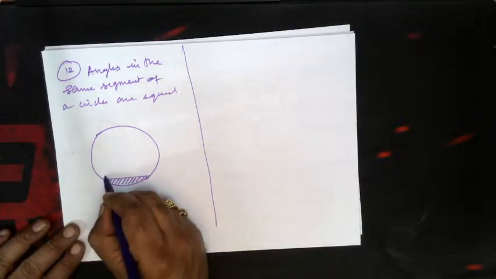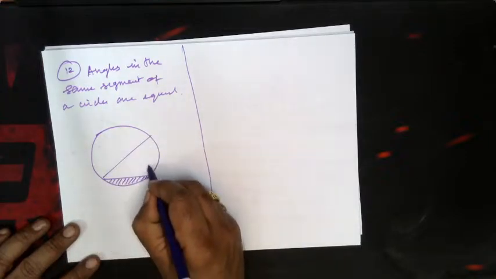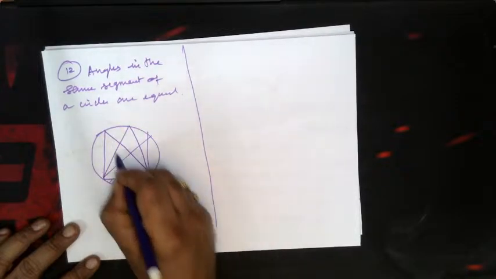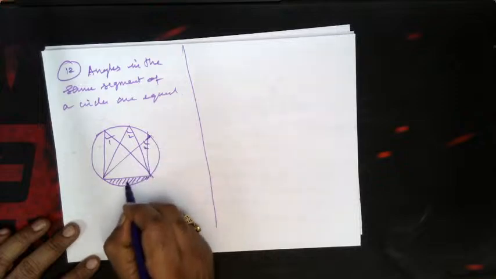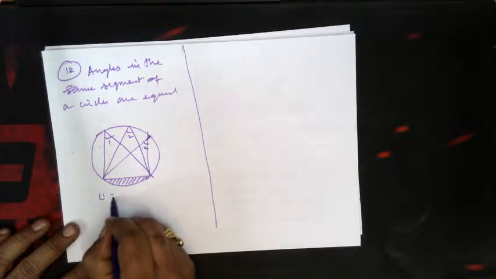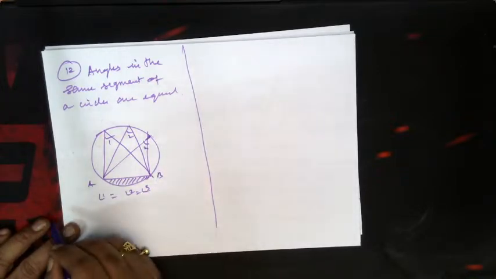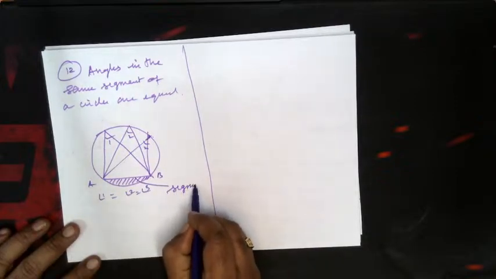For example, you can have n number of angles like this, all are the same. Angle 1, angle 2, angle 3 means angle 1 is equal to angle 2 is equal to angle 3. And this area is the segment. Do you understand this?